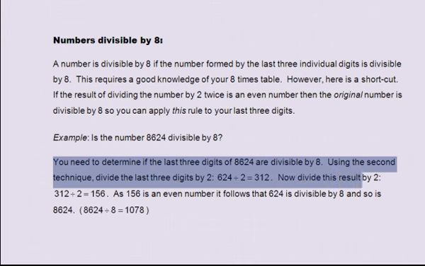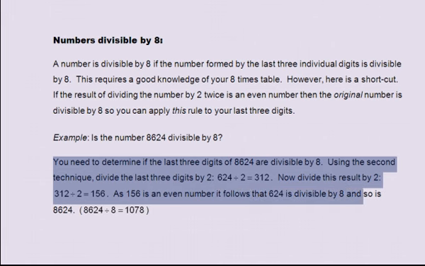Now divide this result by 2. 312 divided by 2 equals 156. As 156 is an even number, it follows that 624 is divisible by 8, and so is 8,624. 8,624 divided by 8 equals 1,078.